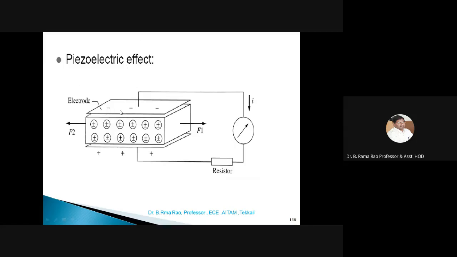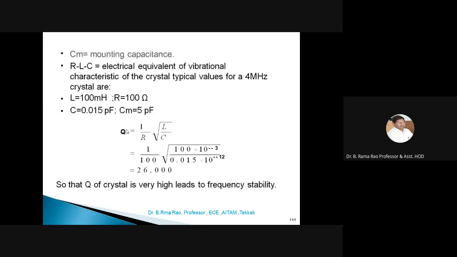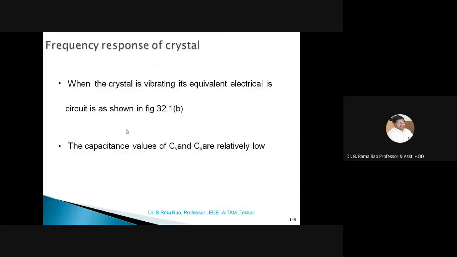One is the positive electrode and another one is the negative electrode. The capacitance between these two electrodes is Cp. Am I able to get my point? Are you able to get my point?